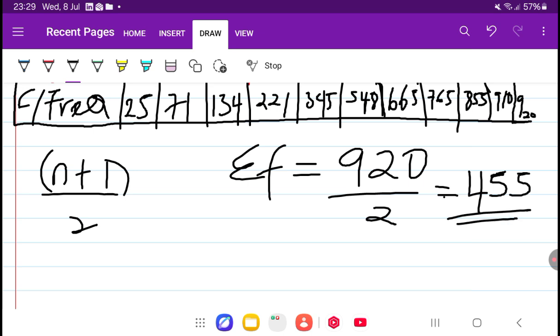This n over 2 has given us 455, but we don't have that value there. So we try to locate a value that is maybe less or greater.